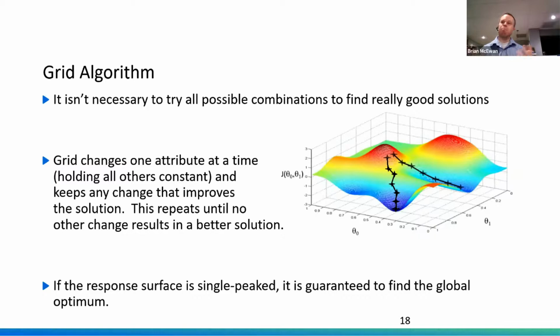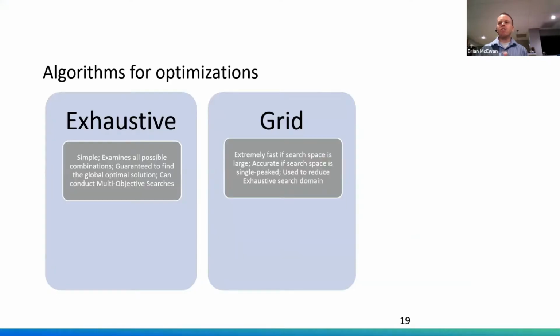So it's a definite compromise solution. We're definitely not guaranteed to find the optimal solution, but we still have a pretty good chance as long as we use a bunch of different starting points and repeat things several different times. Okay, so that's our second algorithm, grid. It is much faster than exhaustive, and generally a pretty good option.